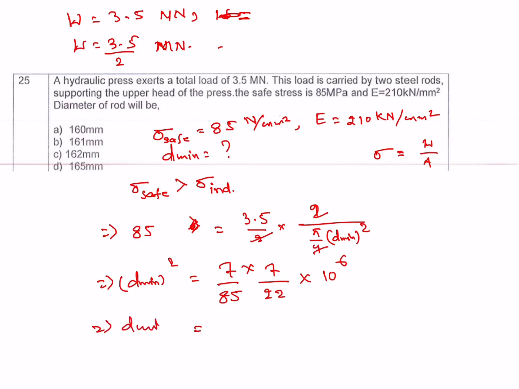If you solve this one, finally you will get 161.87 mm. Without a calculator, it's very difficult. Options are also very close. 162 mm. Answer is C. C is your correct answer.